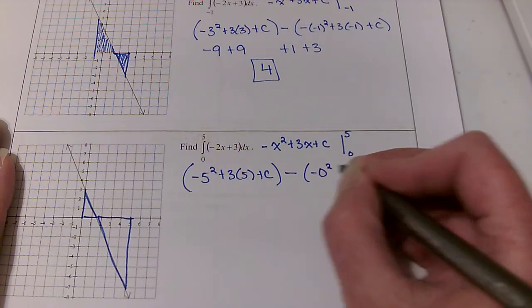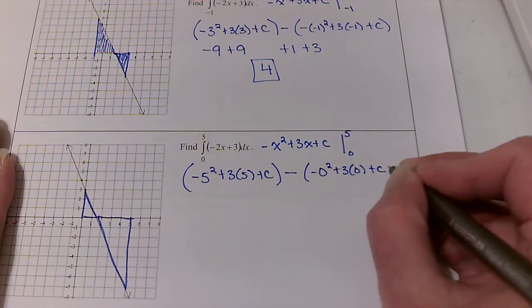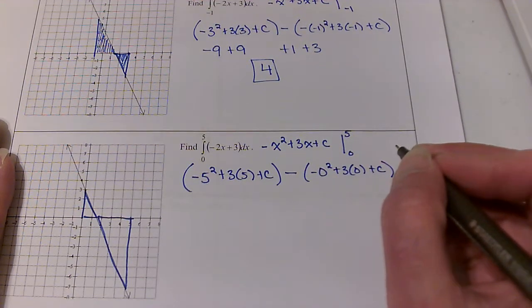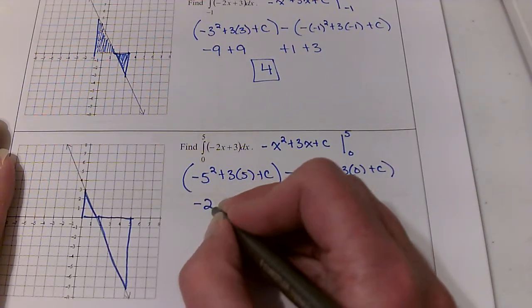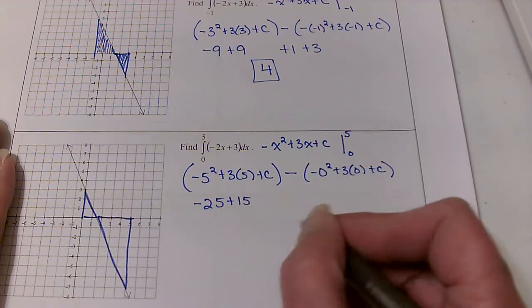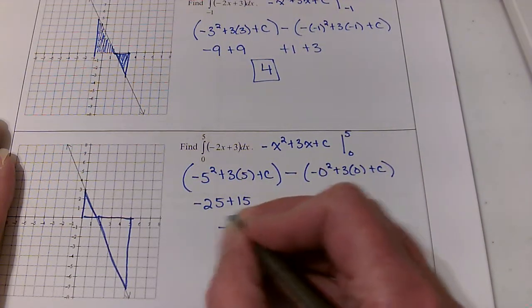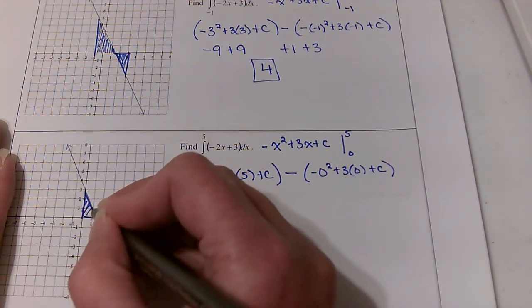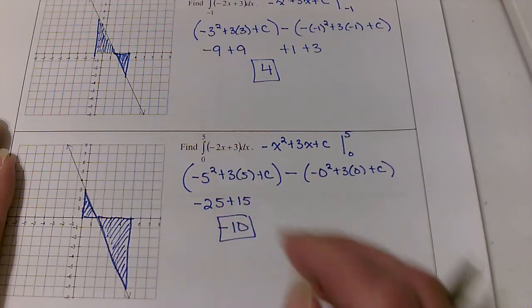Then plugging in 0. C's are going to subtract out, so we're left with negative 10. That finds the area of the shaded region.